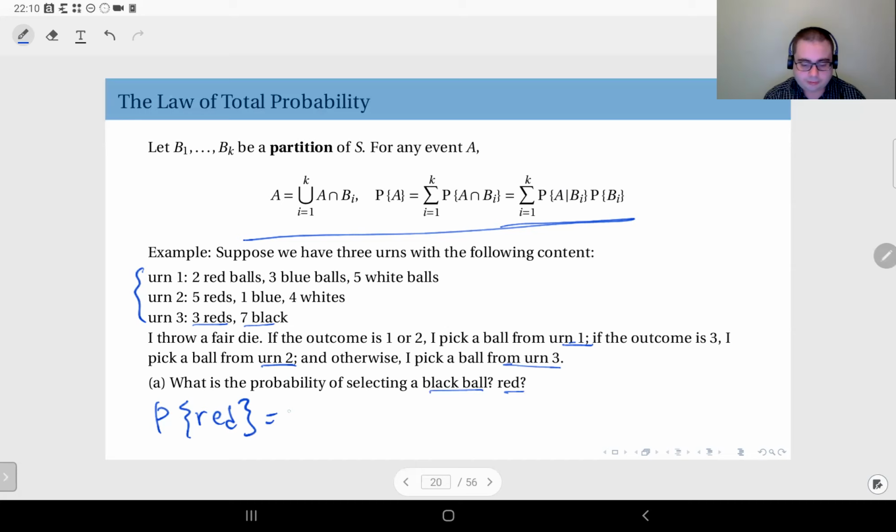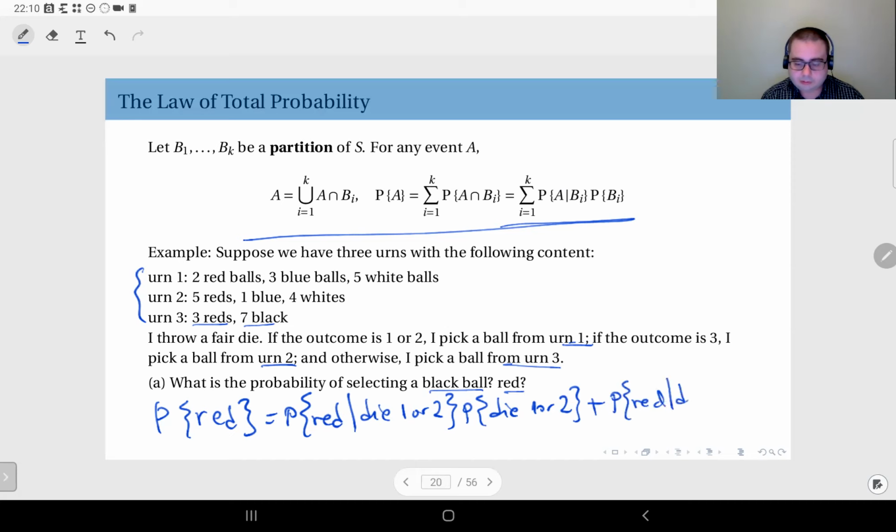So I'm going to write this as probability of red given die is 1 or 2 times probability of die 1 or 2, plus probability of red given die 3 times probability of die 3, plus probability of red given 4, 5, 6 times probability of 4, 5, 6.